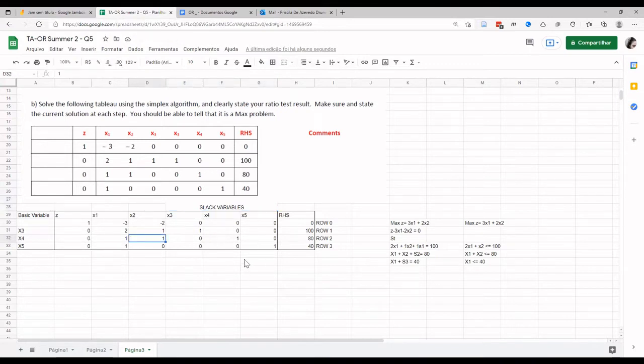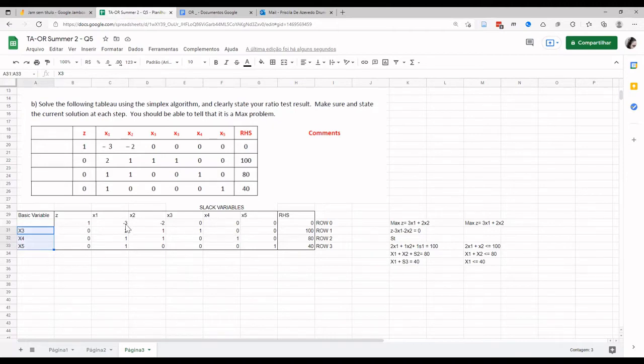Now with that information, we can start to verify which variable is going to enter my basis, and substitute one of those variables. And that's another decision that I'll have to make: which variable is going to leave my basis. So first I have to identify which variable contributes the most to my objective function in this tableau.